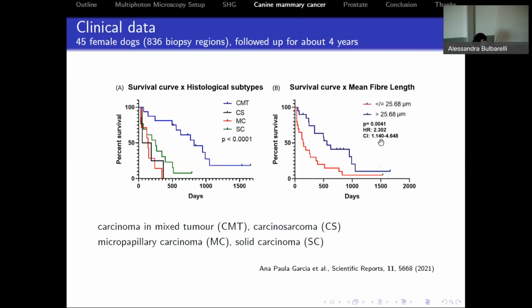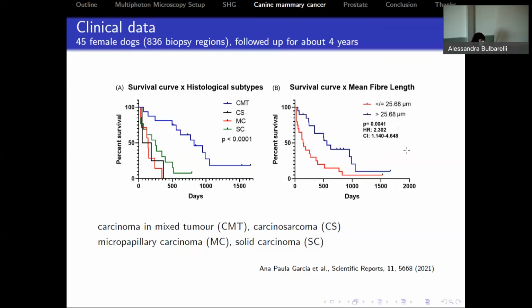So we can correlate the survival of the animal with the collagen fiber length, and separate the animals with one cutoff: below it is a worse cancer because survival was short, and above it a better prognosis.